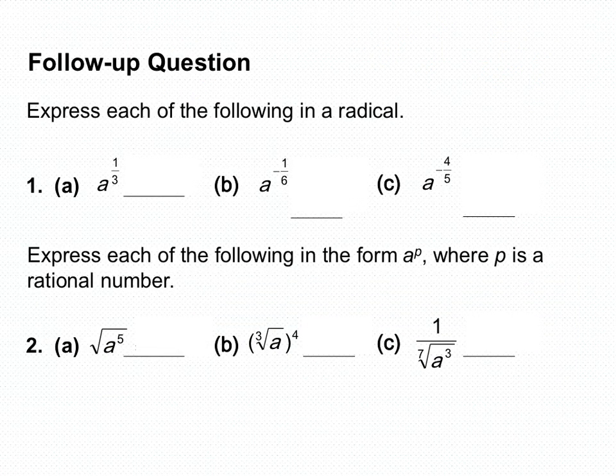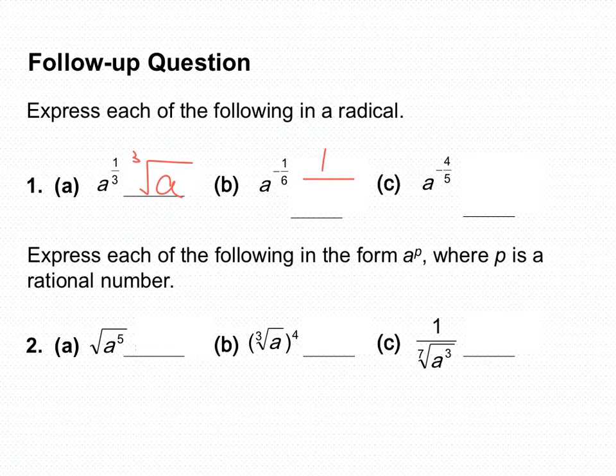Now we try some examples. The first one is part number 1. We try to convert the fractional index, or rational index, to a radical sign. For 1 over 3, it means cube root. For part B, negative means the reciprocal.